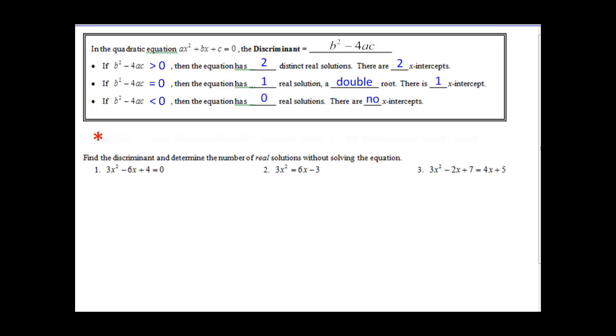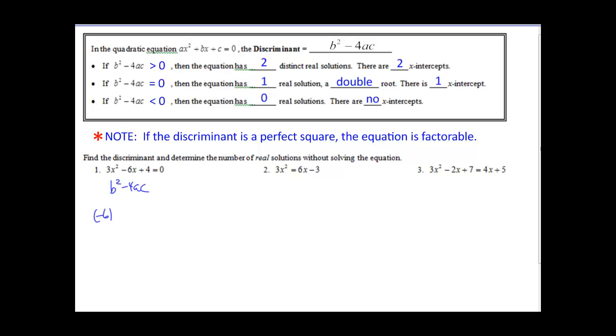One note to go back to: if the discriminant is a perfect square, 1, 4, 9, 16, 25, and so forth, then you can actually factor the equation instead of using the quadratic formula. So if we look at number 1, we have b squared minus 4ac.